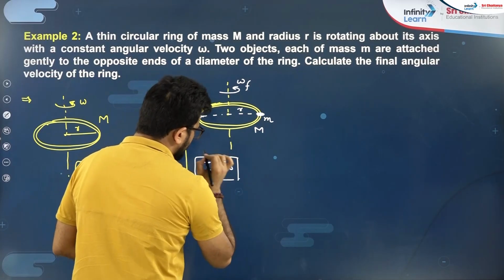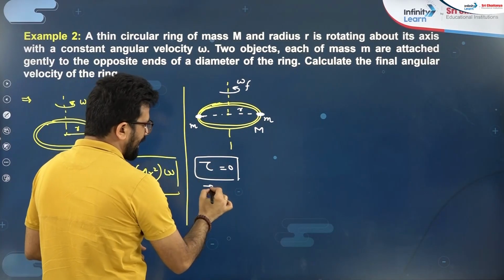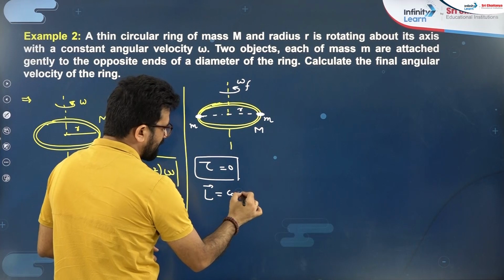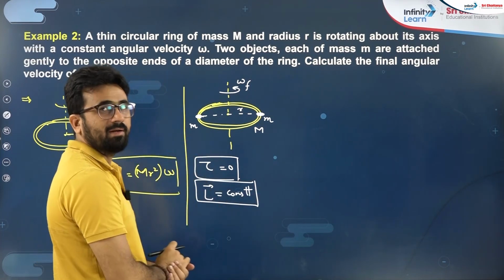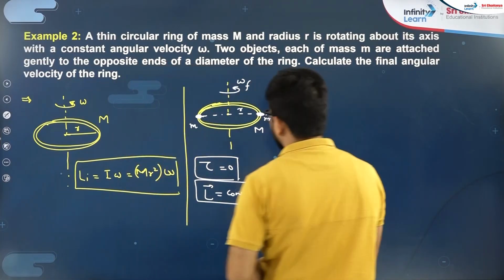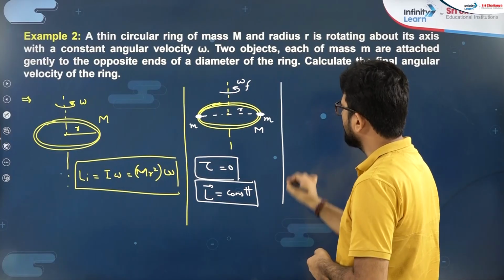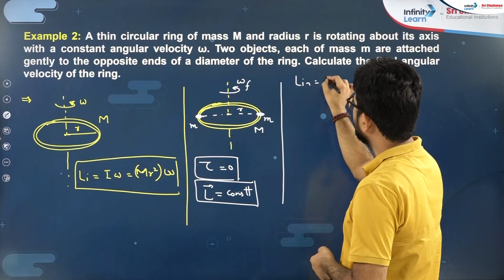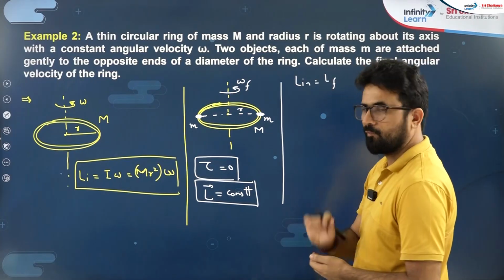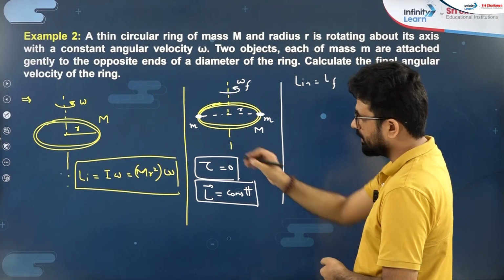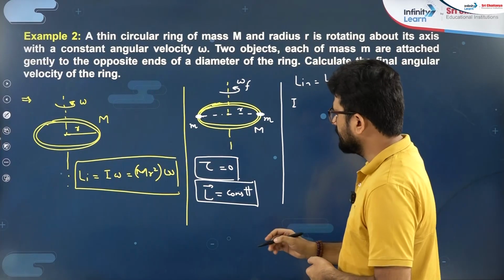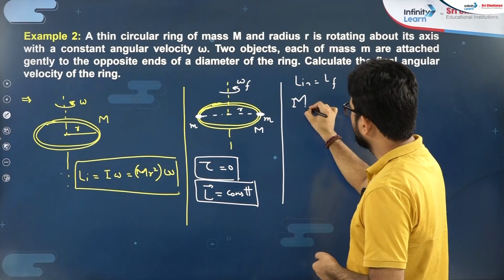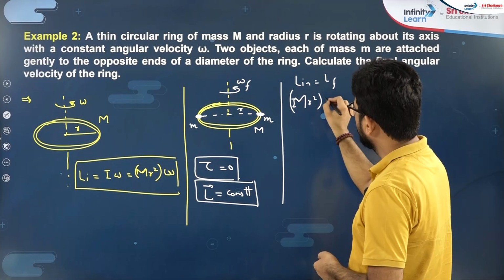If torque is equal to 0, we can say L is constant, or angular momentum remains conserved. If angular momentum remains conserved, very simply L initial must be equal to L final. What was the L initial? We have already calculated that: M r square into omega.